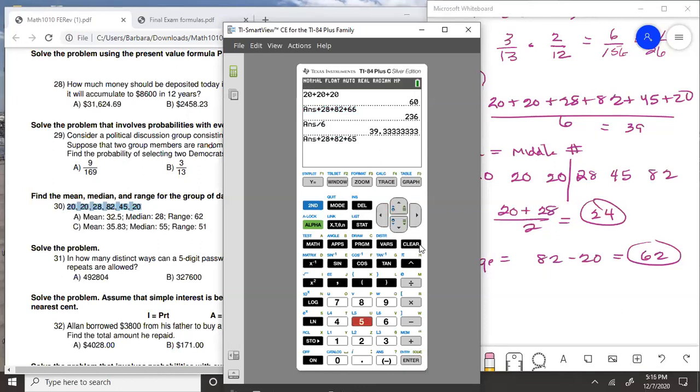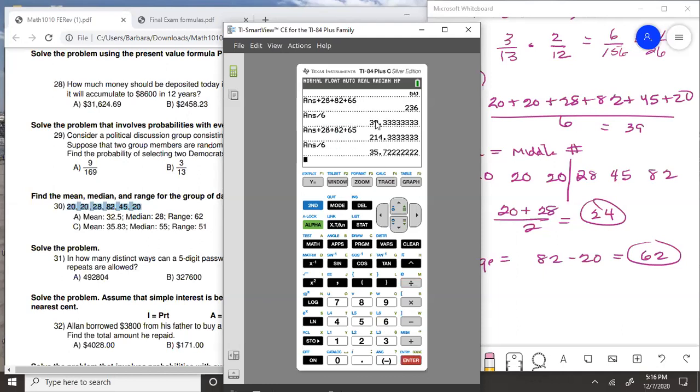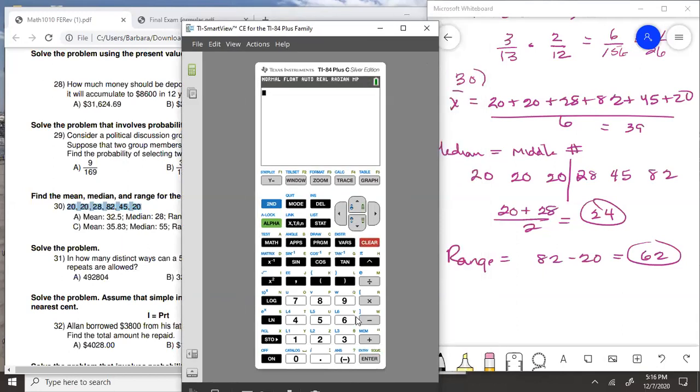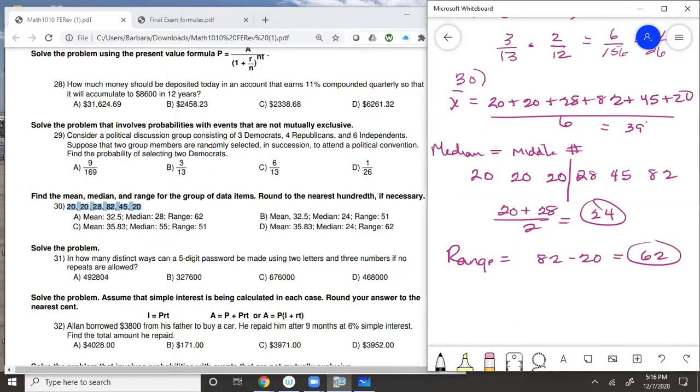There we go. Okay. And then divide it by 6. 1, 2, 3, 4, 5, 6. I think that's your number, 35.83. Yes. Okay, good.